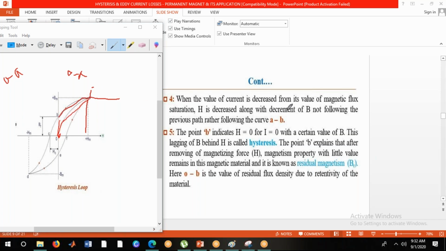While decreasing the current, the magnetic field intensity H decreases along with the decrement of B, not following the previous path but rather following the curve AB. సో ఎప్పుడైతే కరెంట్ డిక్రీజ్ చేస్తామో then there is some field stored. ఆ ఫీల్డ్ వల్ల ఏ నుంచి B కర్వ్ అనేది సేమ్ పాత్ కాకుండా సపరేట్ పాత్ క్రియేట్ అవుతుంది, from A to B. ఓకేనా.